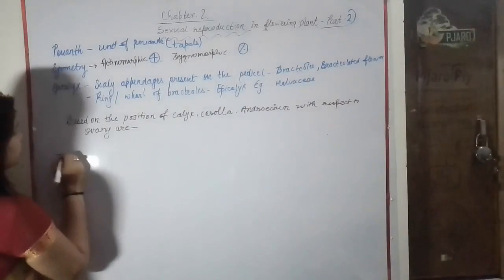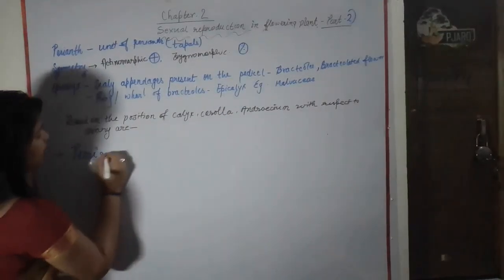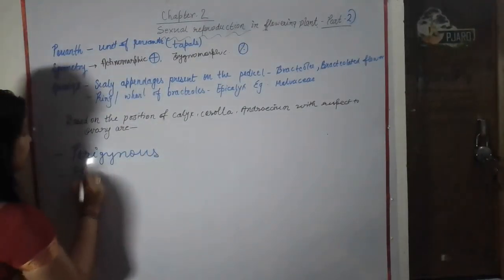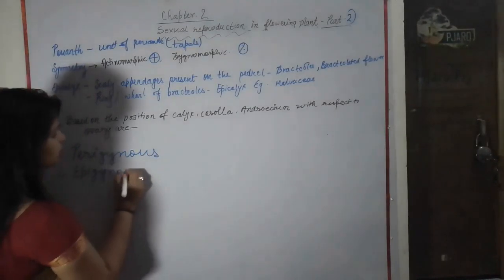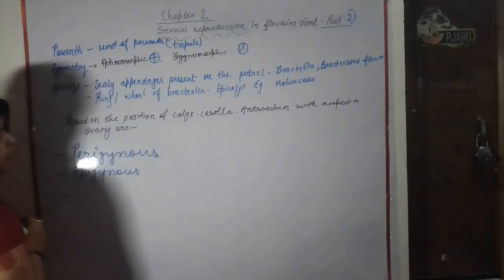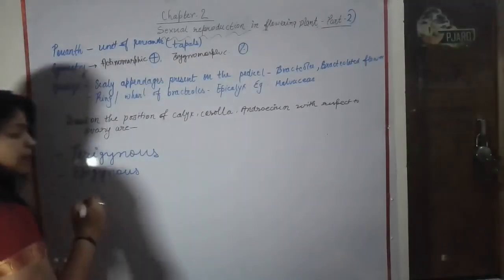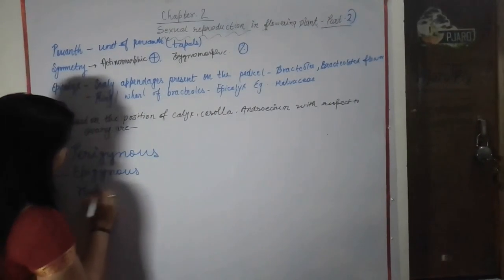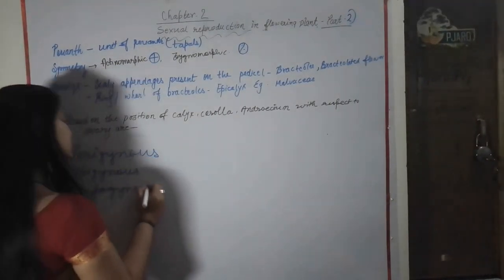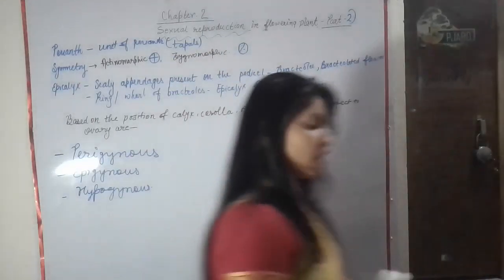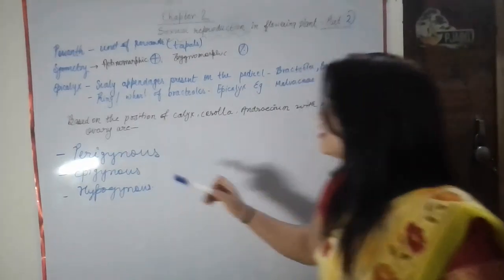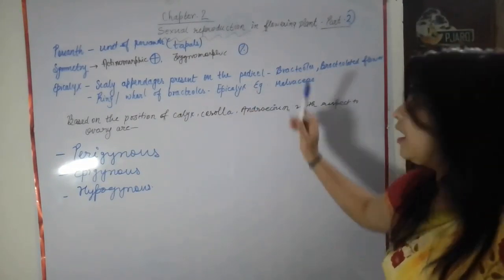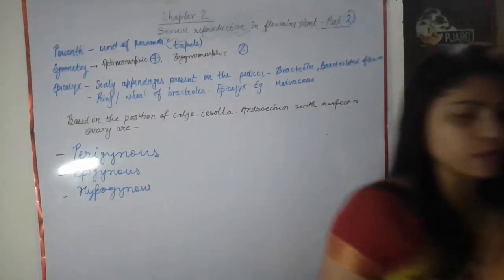These three structures define the position of the calyx, corolla and androecium with respect to the ovary.